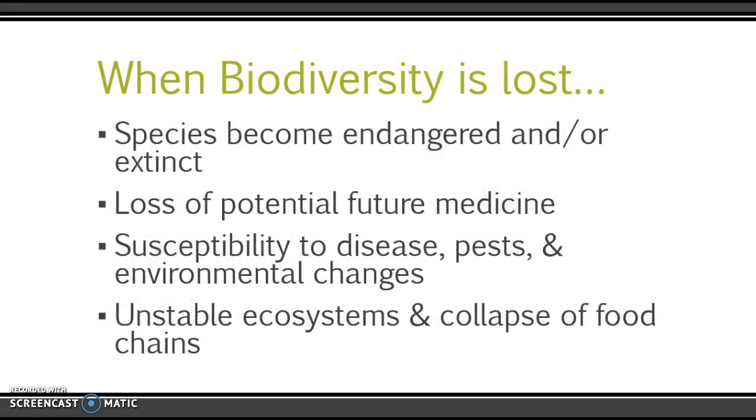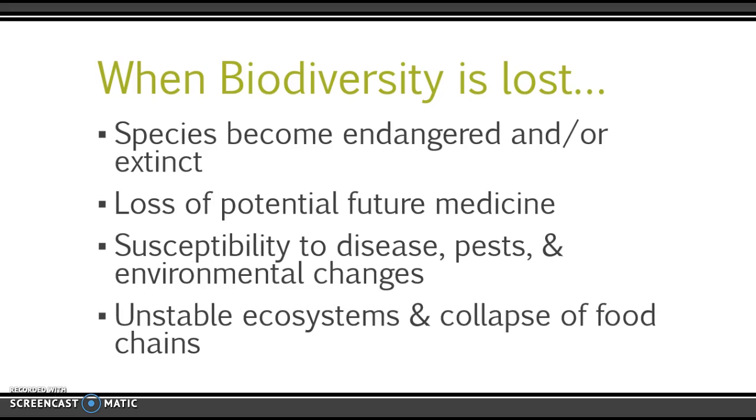So there are several things that happen when biodiversity is lost. The first is that species are going to become endangered and or extinct. Another is that when we lose biodiversity, we are losing a possible future medicine in the form of a plant or an animal or a product that those animals or plants produce.